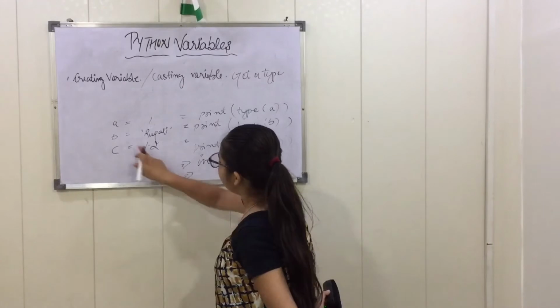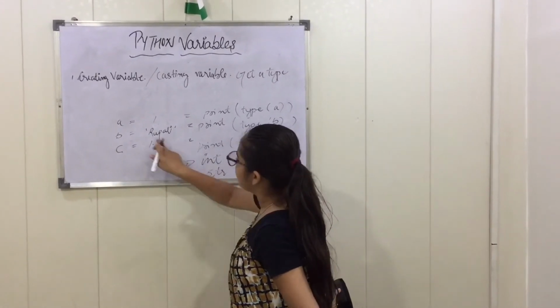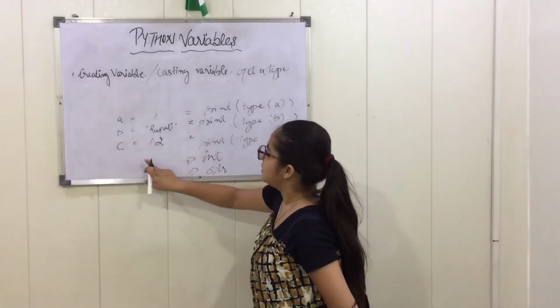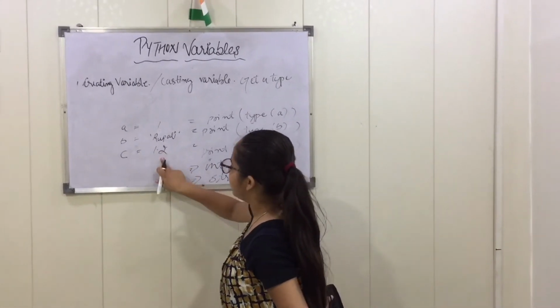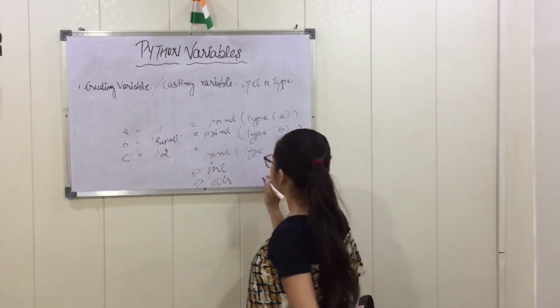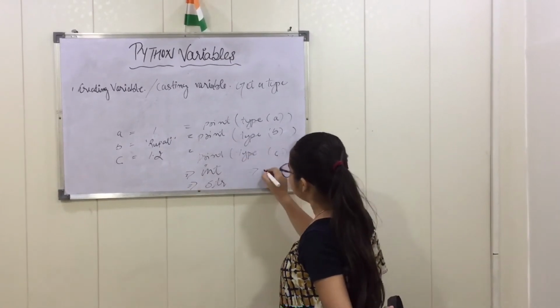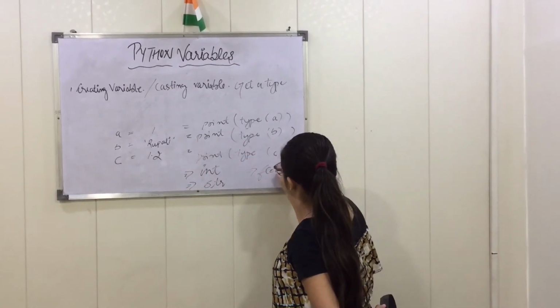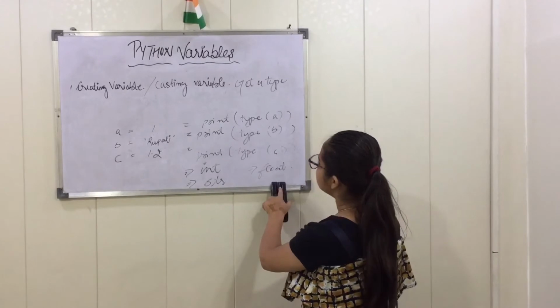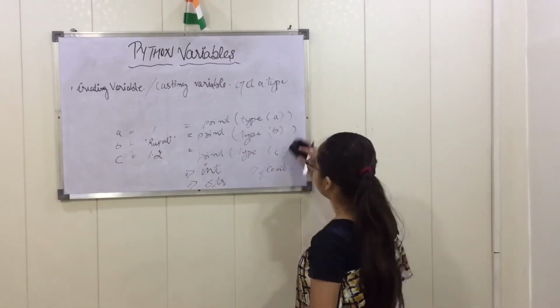The second output will be of b, that is a string, str, because it is a string variable. After that c is 1.2. 1.2 refers to a decimal, it is called a float. So the output for the c type is float. In this way we can get the type of a variable in the Python programming language.